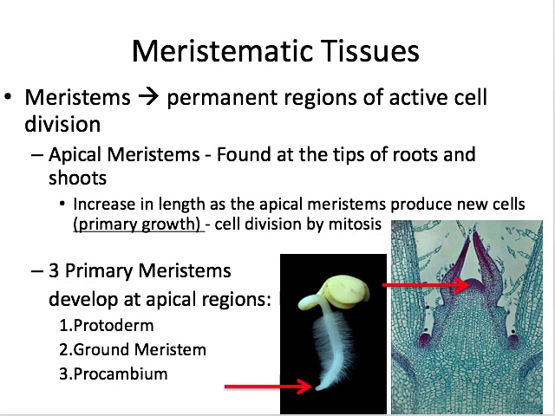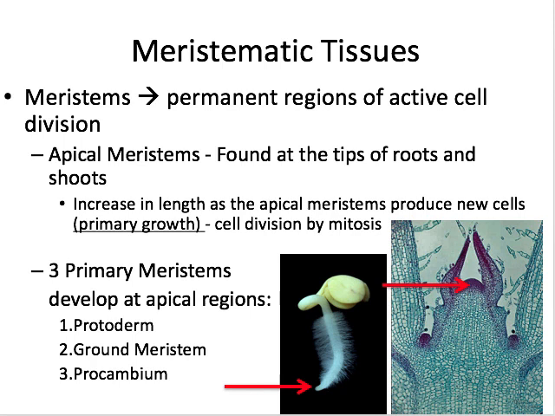Now, the first type of meristem is very important. It's called an apical meristem, and it's associated with this primary growth. Therefore, it's found at the tips of growing roots and the tips of growing shoots. It increases the length of these organs as new cells are produced.